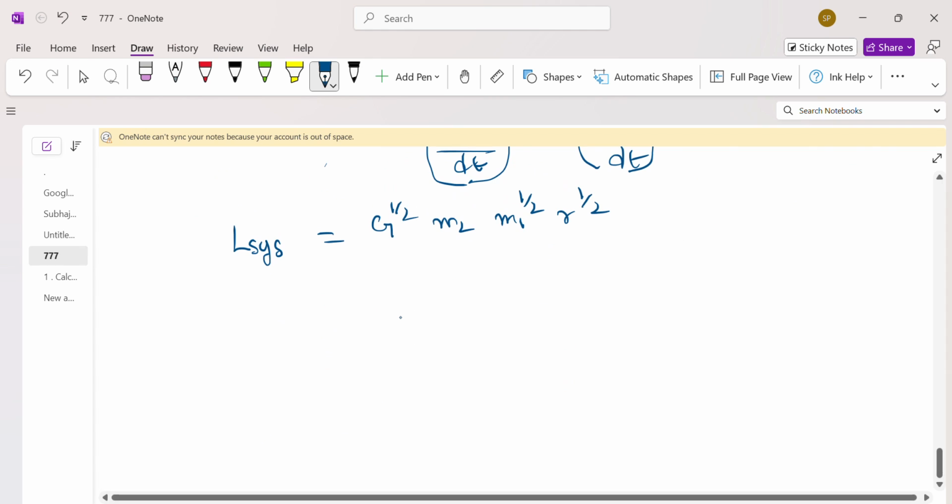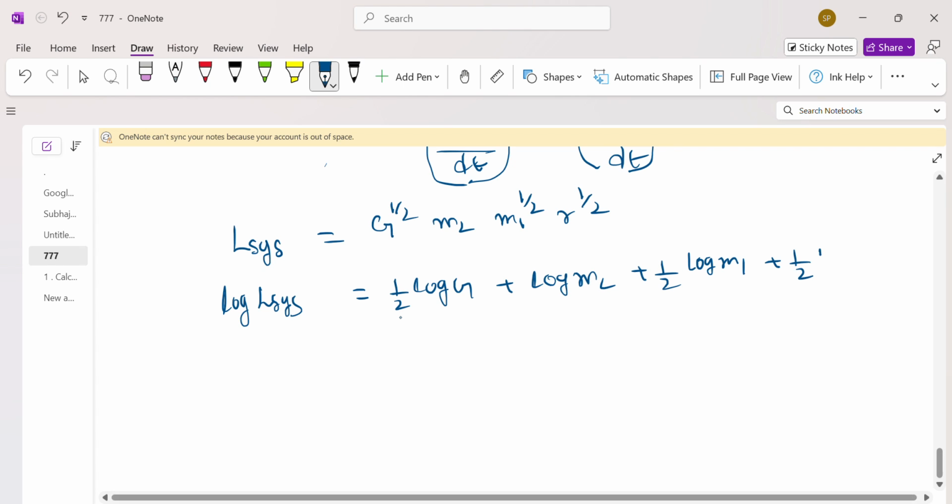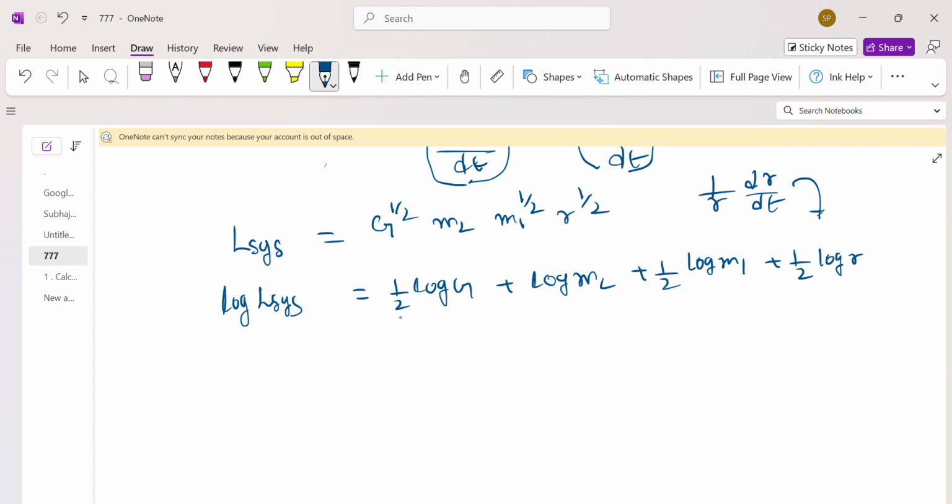Now you take a log. So log of L_sys is equal to half log G plus log m2 plus half log m1 plus half log r. This form indicates that you have to take a log to get dr/dt.